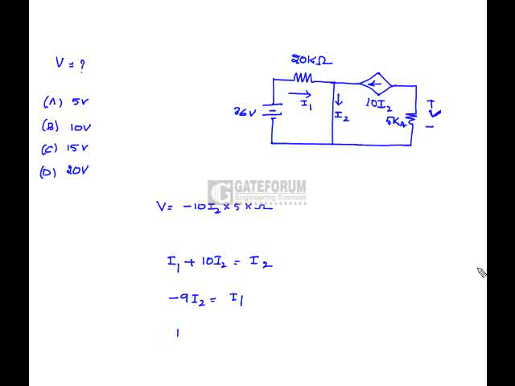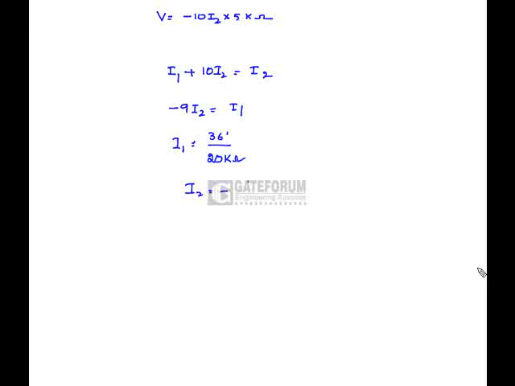So I1 is nothing but 36 volts divided by 20 kilo ohms. So I2 is nothing but minus I1 divided by 9, which is minus 36 divided by 9 into 20 milliamps, which is minus 0.2 milliamps.